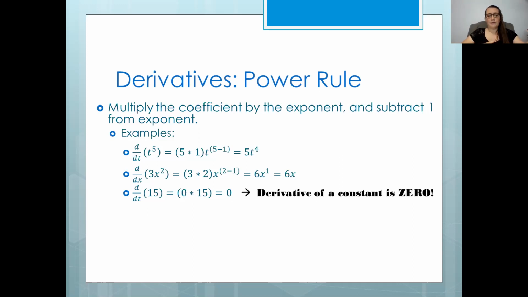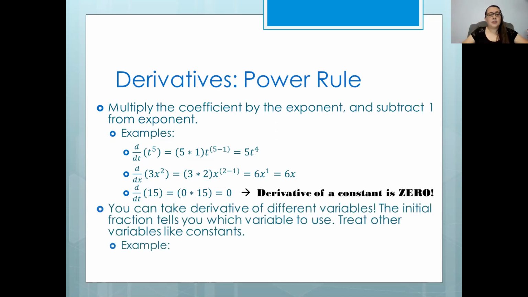So if we have a graph of 15, so at every point in time, the value is 15, that means we're dealing with a horizontal line. 15, 15, 15, 15. And what's the slope of a horizontal line? 0, right? So the derivative of a constant is always 0.